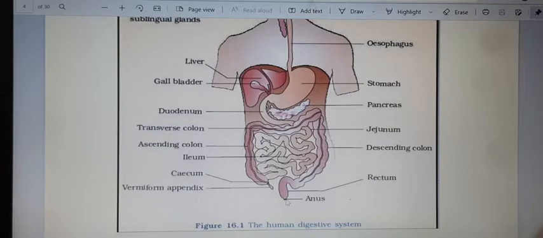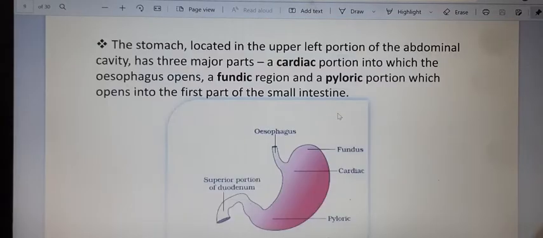So these are all the parts of the digestive system or alimentary canal. Then the associated glands are the liver, pancreas, and the glands found in the stomach and intestinal wall.